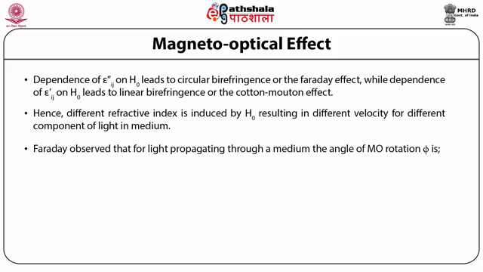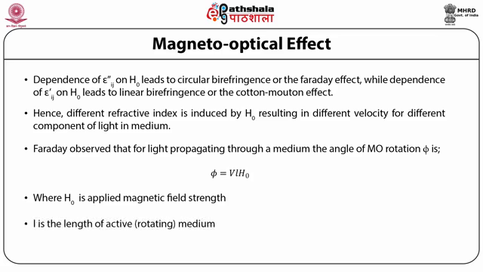Faraday observed that for light propagating through a medium, the angle of magneto-optic rotation φ is φ equal to V L H0, where H0 is the applied magnetic field strength, L is the length of the active rotating medium, and V is a proportionality constant known as the Verdet constant.